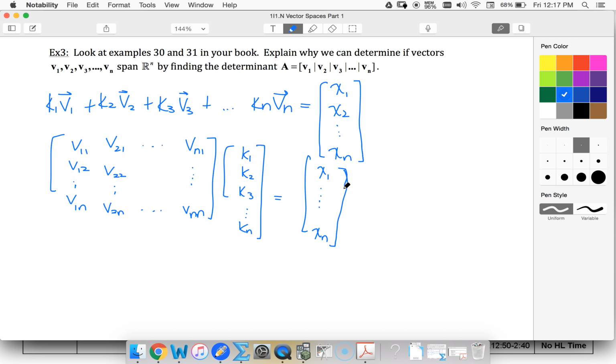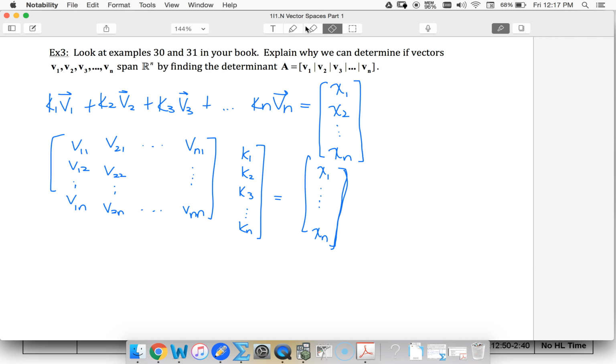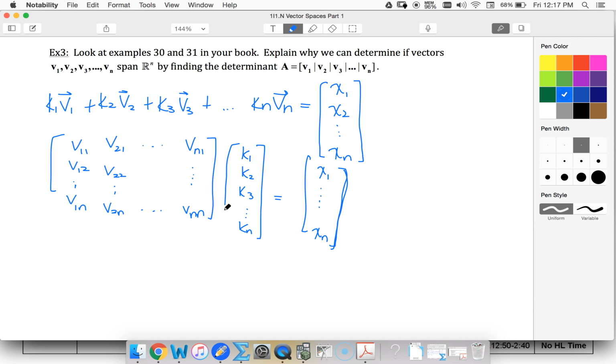So if there was a solution to this equation, that means I would be looking for my linear combination. So now I've got some matrix A times my vector K equal to my solution vector, which is any random point. So K would be equal to A inverse times X.